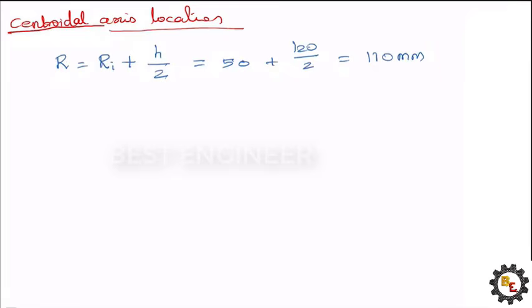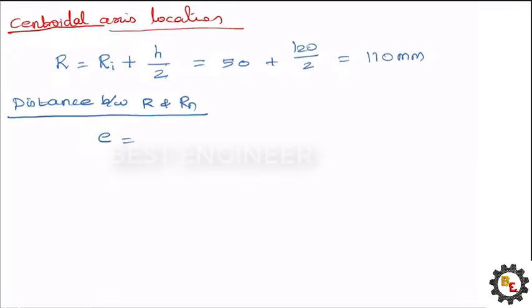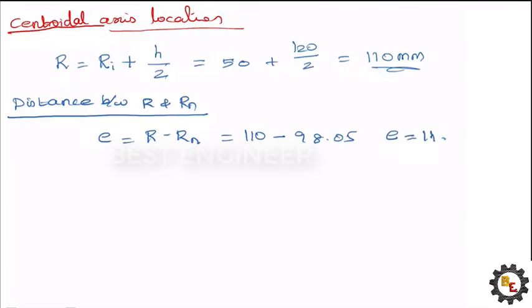Let's find the distance between the central axis and neutral axis, that is called e. e equal R minus Rn. R value is 110 millimeter, 110 minus 98.05, so e is 11.95 millimeter. The distance between neutral axis and central axis is 11.95 millimeter.